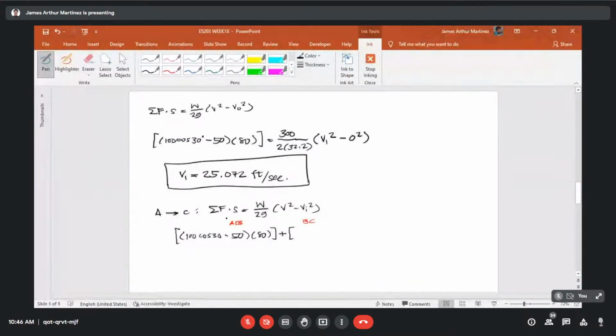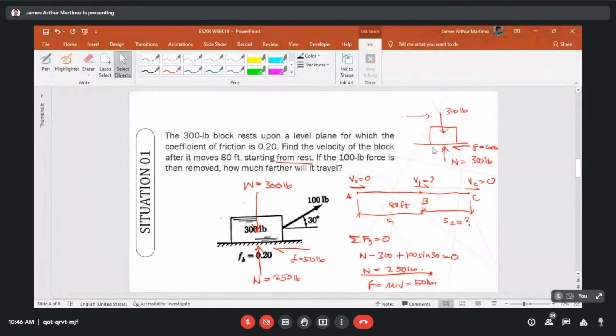So summation of forces on B to C. On the x-axis, di ba, only the frictional resistance force is acting on the system.